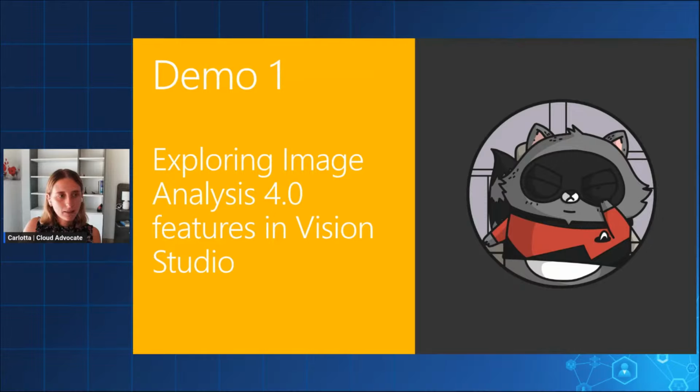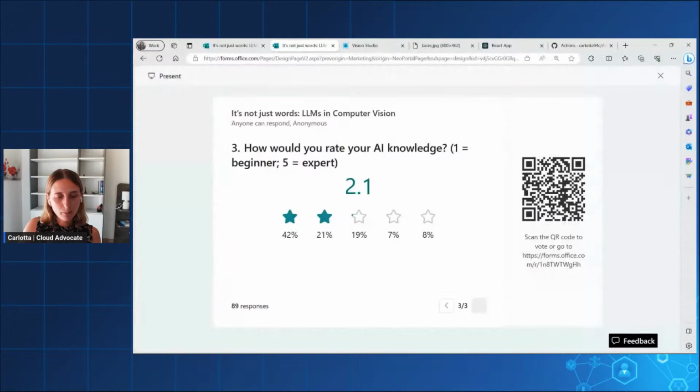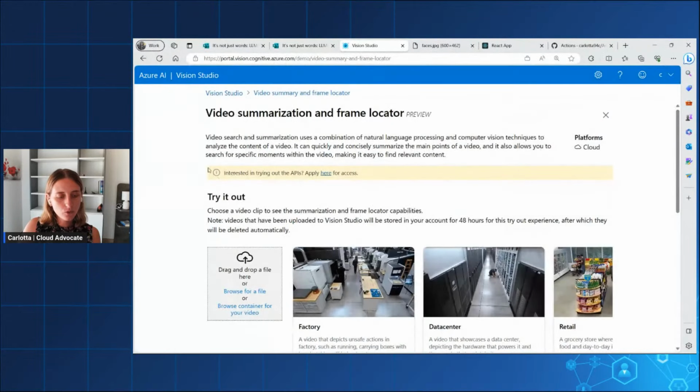So now let's explore some of those applications in practice, and to do so, let me jump to the Vision Studio portal. I've already mentioned the Vision Studio in the introduction. This studio is available at portal.vision.cognitive.azure.com.